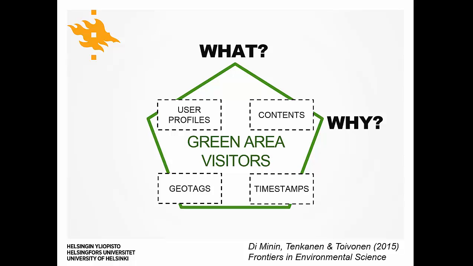And that brings in the two last corners and how we can be understanding what and why people are doing in national parks. There are different approaches than this kind of automated content analysis.